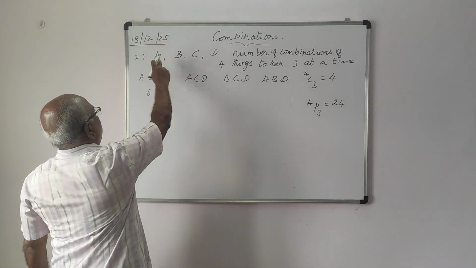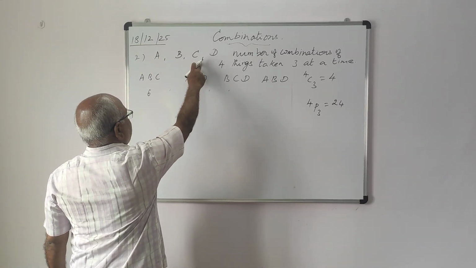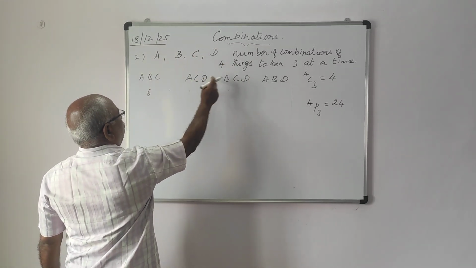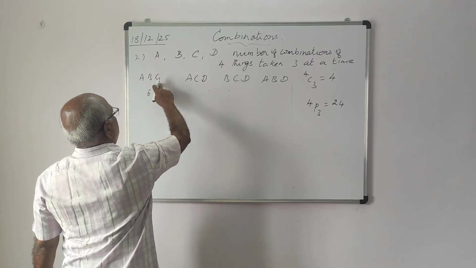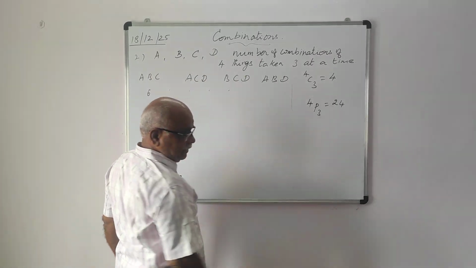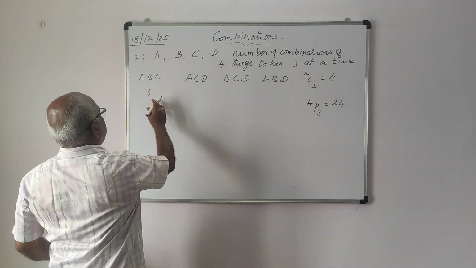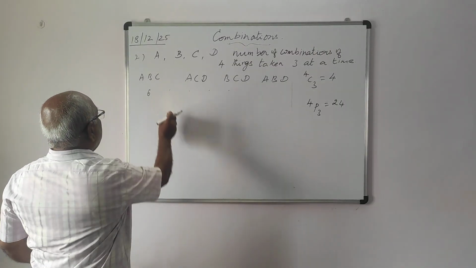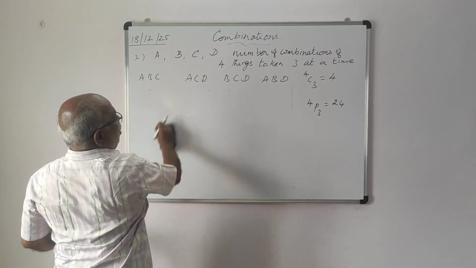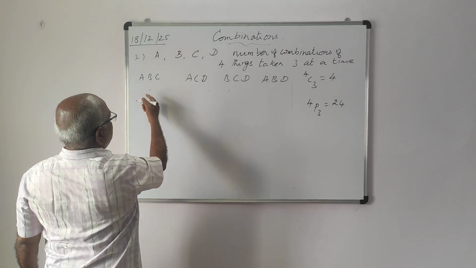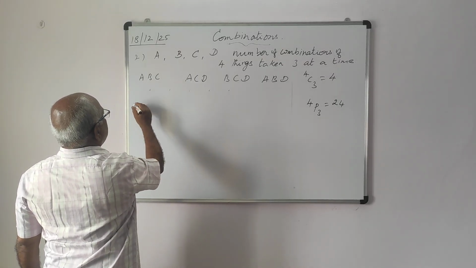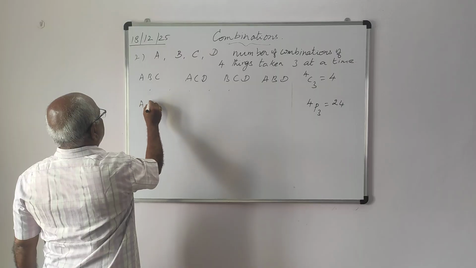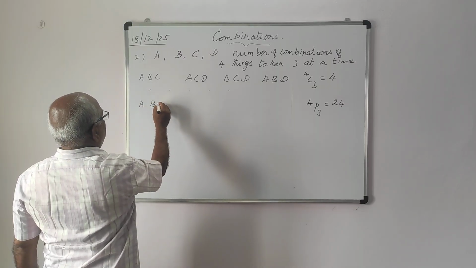So, out of these 4 objects A, B, C, D, I can select 3 objects in 4 ways, that is ABC, ACD, BCD, ABD. And each of these, like ABC, can be arranged or ordered in 6 ways. How are they arranged? You get ABC, the arrangement ABC itself.